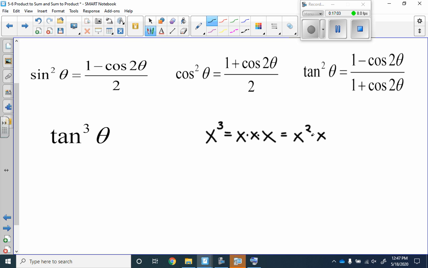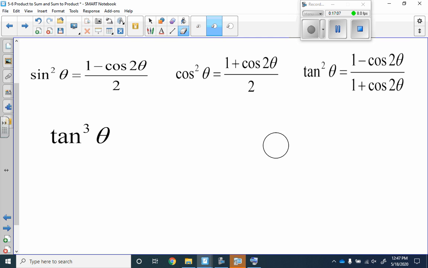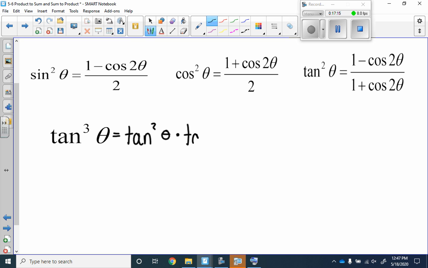Well, I could do x squared times x. And that's the key part to this, because when I look at tangent cubed, we can think of it as tangent squared theta times tangent theta.